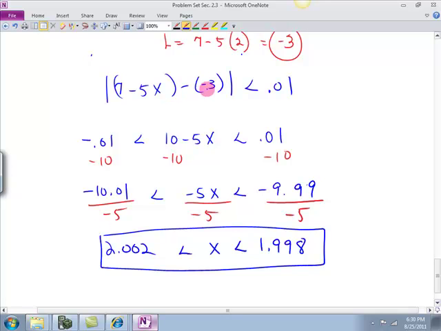Right here, that one? Okay, what is 7 minus a negative 3? That's 7 plus 3. I didn't write that all out. I just went from there to there. Sorry.